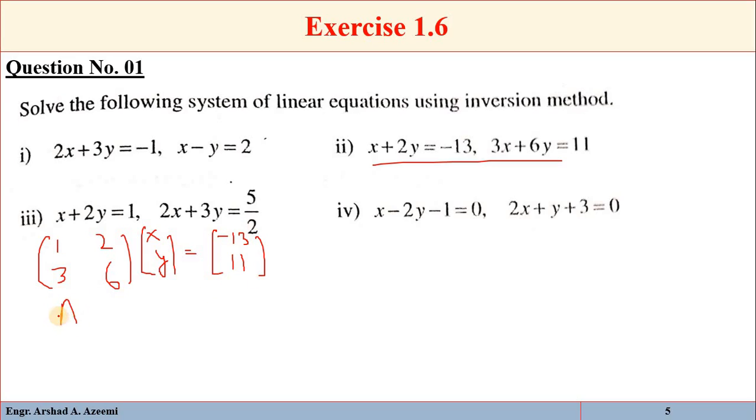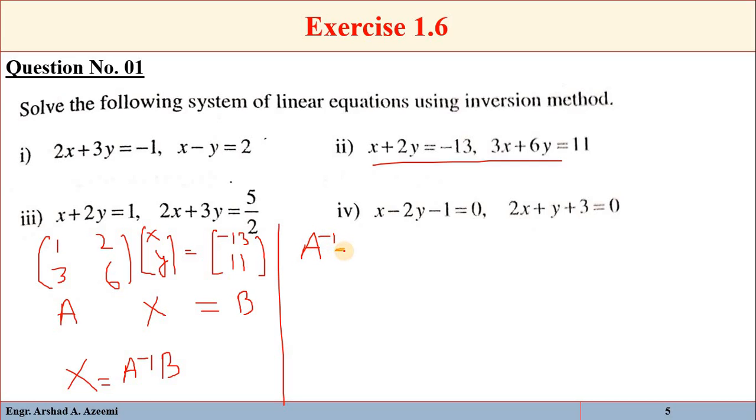Suppose that is matrix A, this is matrix X, and this is matrix B. Now we know that X will be equal to A inverse times B. So first find A inverse.